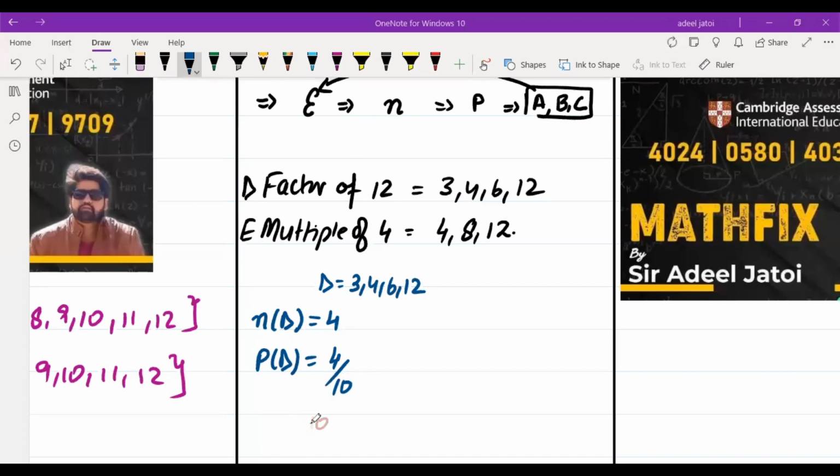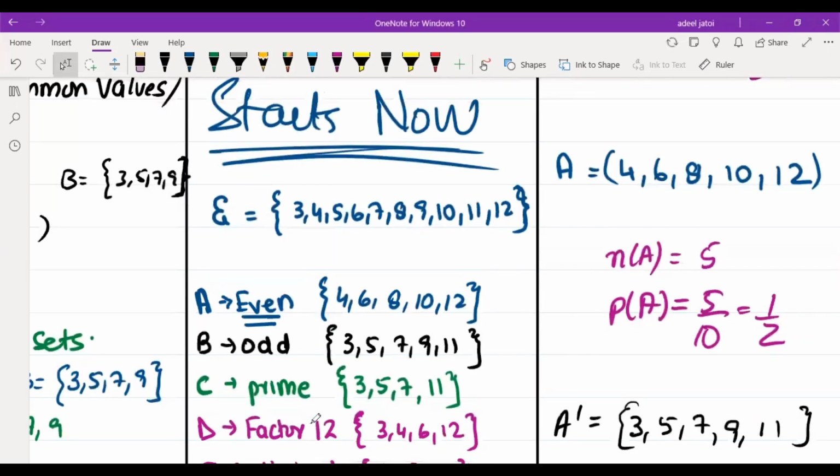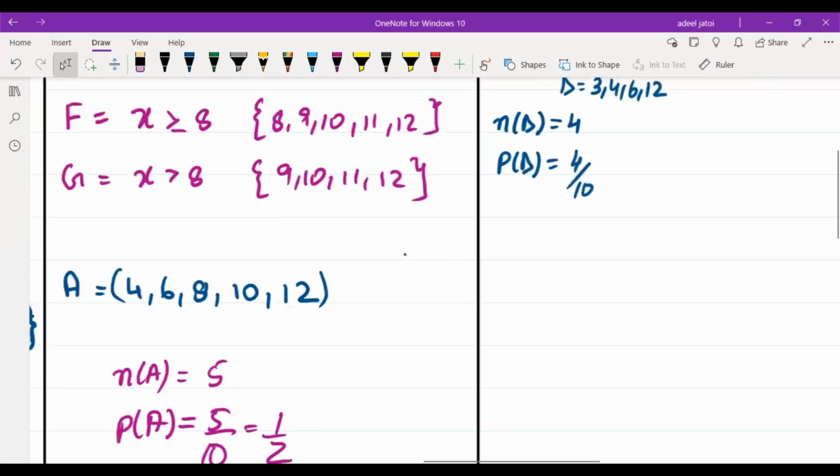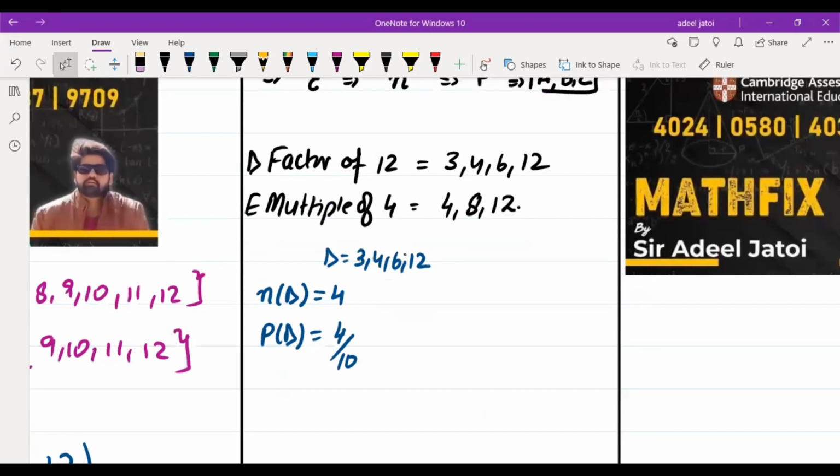Initially, we calculated this, and we counted it as 1, 2, 3, 4, 5, 6, 7, 8, 9, 10. So the number of the universal set is equal to 10. Every time you take out the probability, you will be dividing by the total number.